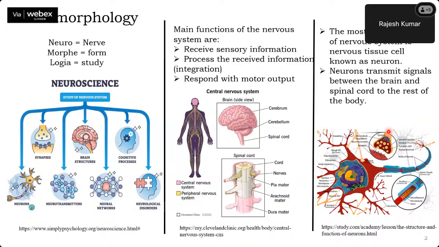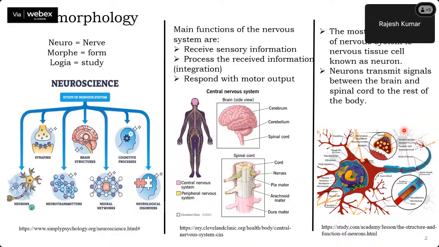The connection point, the junction point, is like this, which is known as a synapse. You can see these yellow points which contain the transmitters; they bind with the other part, that is the receptors, and that is how the signal is transmitted. So the whole flow is something like: we receive some signals from other neurons, the signal is summed up, and then the signal keeps on moving, reaches the endpoint and connects to the next one, and this is how the process occurs.